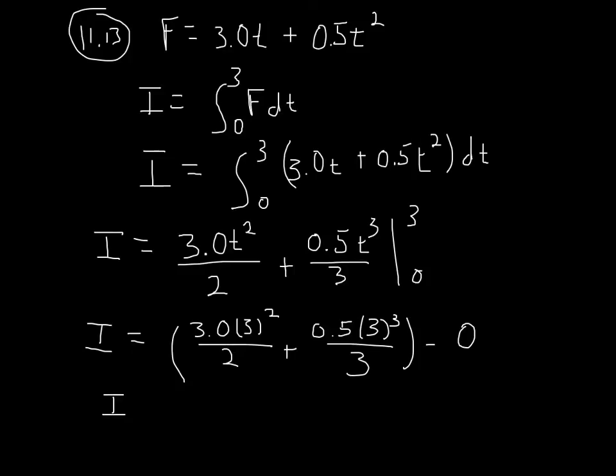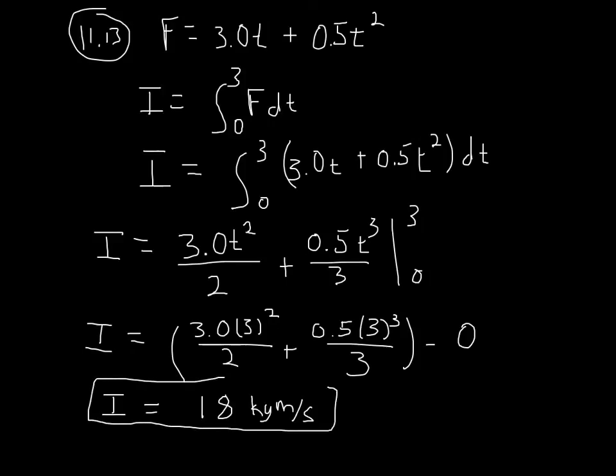You multiply this out and get your final answer. The impulse I is equal to 18 kilograms times meters per second. Very nice, very clean problem, all using calculus, just if we know how to do this integral.